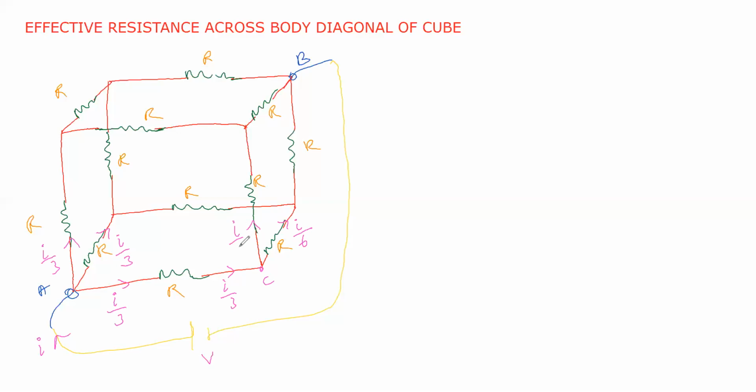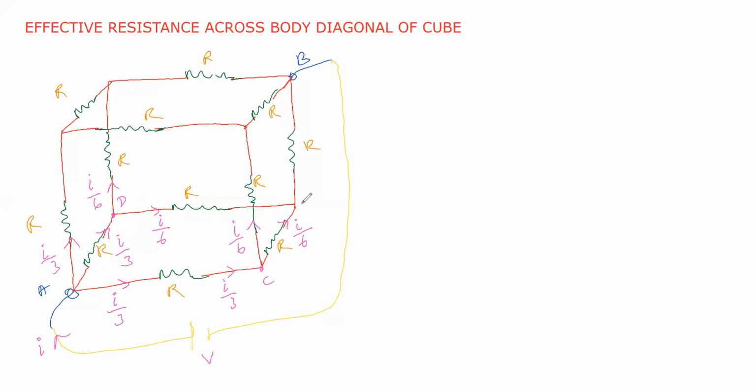If you take point D, at this point D also, current entering is I by 3. Now this I by 3 current divides into two equal currents, that is I by 6 and I by 6.